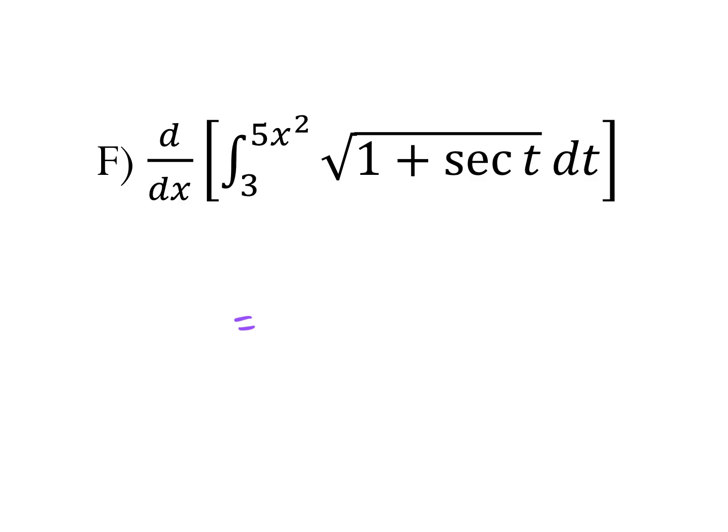To start, I don't know how to integrate the square root of 1 plus secant. I'm sure that would be a pretty challenging one to do, okay? However, I'm not just integrating it. After I take the integral, I'm going to take the derivative.